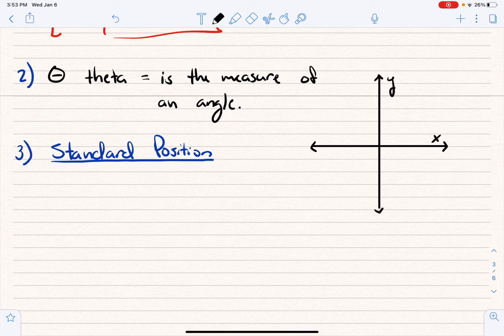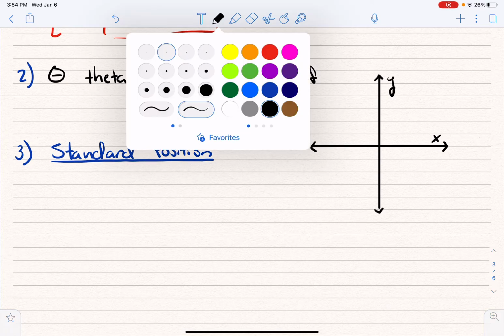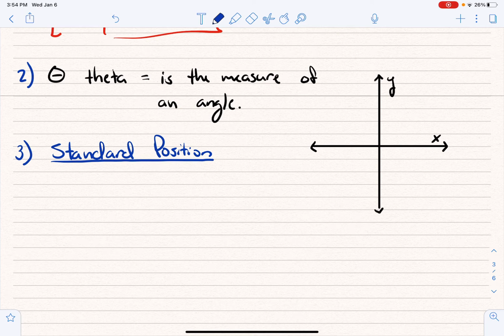Okay, so standard position, every angle will have 2 parts. I want you to think about an angle almost like a windshield wiper. Every angle has a part called the initial side, and it has a part called the terminal side.